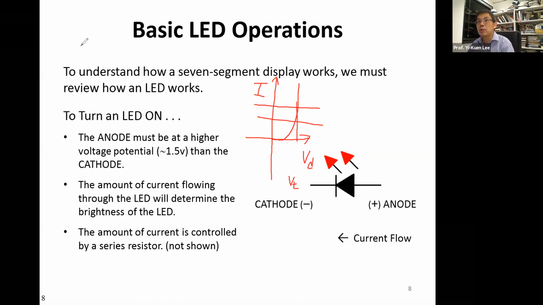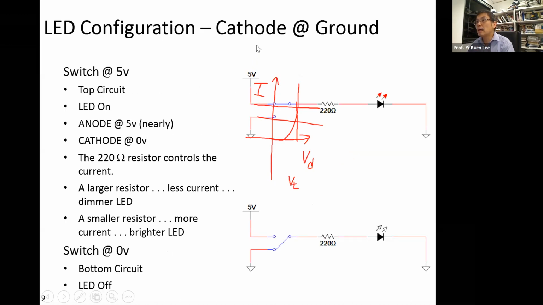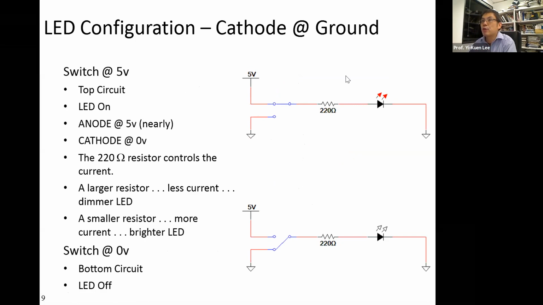Okay, now let me try to look here. Let me show you how we can look at the typical operation of an LED, right? For this particular one, basically we have an LED connected in series with one resistor.